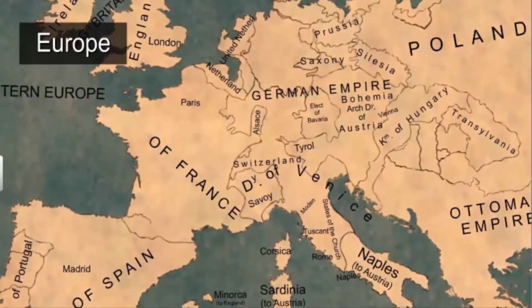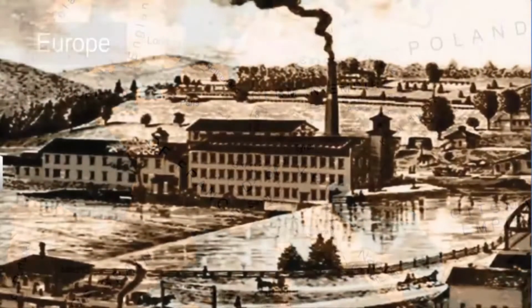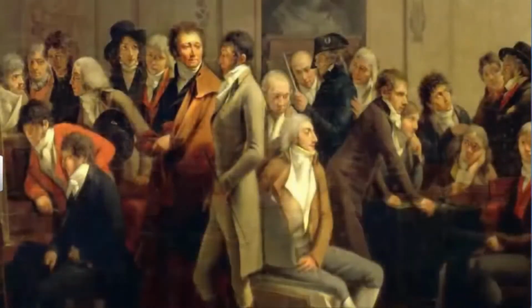On the other hand, rapid industrialization had given birth to the middle class, consisting of industrialists, businessmen, and professionals. In the wake of these changes, the educated, liberal-minded middle class wanted to overthrow the absolutist rulers.